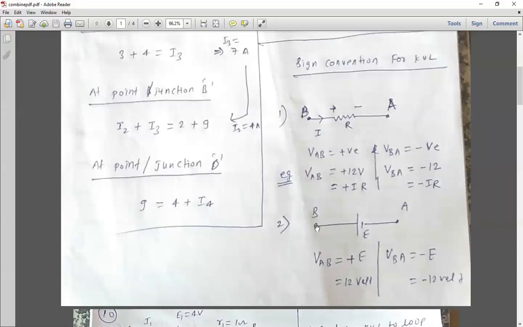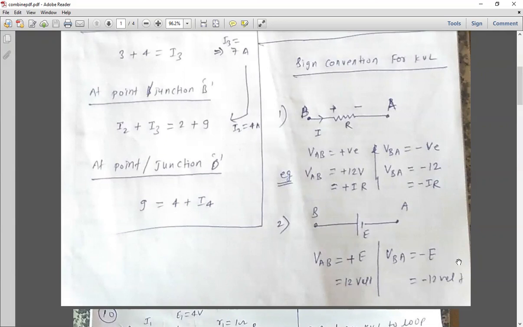And if we are going from B to A, or moving from high potential to negative potential, what will be the potential? Minus E. Let us consider the value will be 12 volt, then it's plus 12 volt, and if it is minus 12 volt, if we are moving from high towards low.